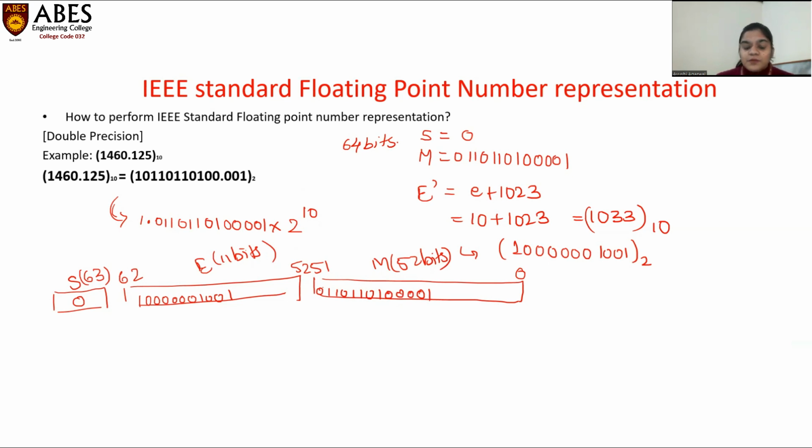Now I will put that many zeros that will modify this particular Mantissa value to how many bits? 52 bits. So how many zeros will we add? Let me show you.